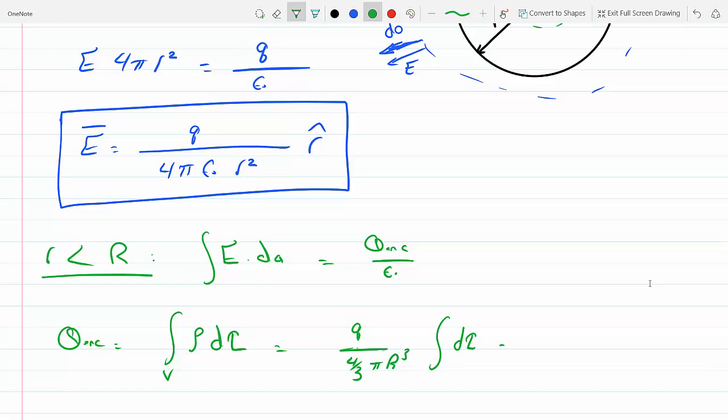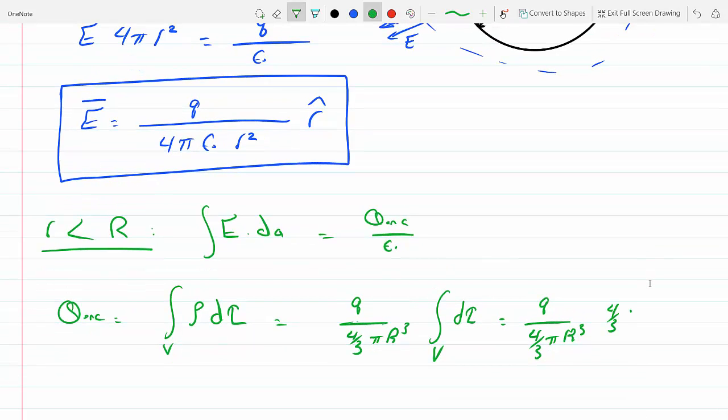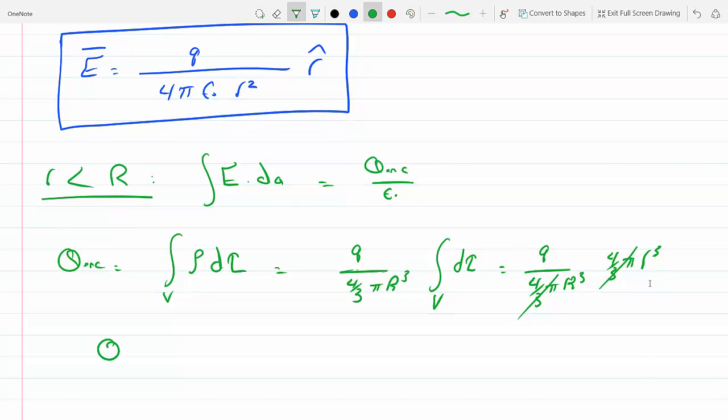Integrate d tau, which is just the volume of the Gaussian surface, 4/3 pi r cubed, and I could cancel these, and I would get Q enclosed equal to Q r cubed over R cubed.